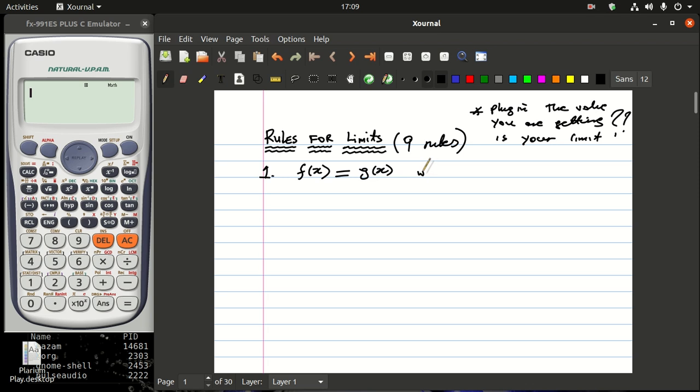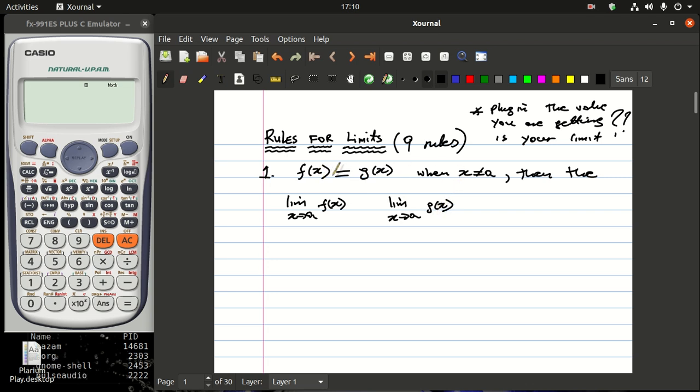Let me just say here, when x is not equal to a, those 2 functions are equal. Then, if I were to take the limit as x approaches a of f of x and the limit as x approaches a of g of x, this is what's supposed to happen.